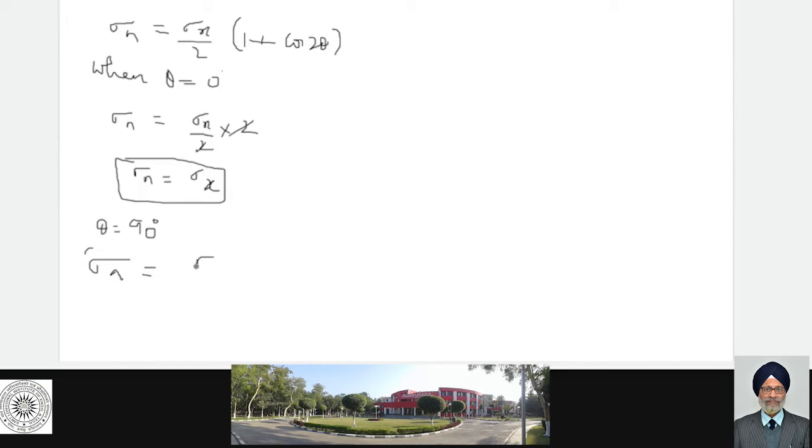Okay. Now when sigma tau is how much? Sigma x upon 2, and this we have calculated as sin 2 theta. So when theta is equal to 0, sin 0 is 0, so sigma tau is 0.